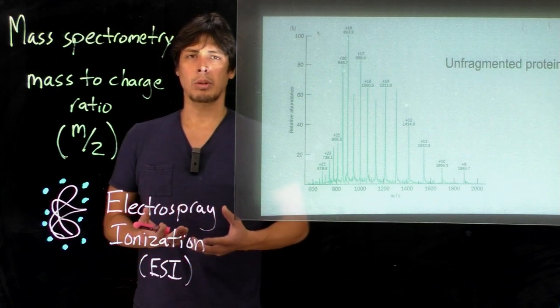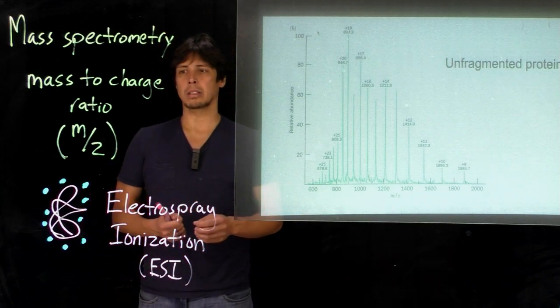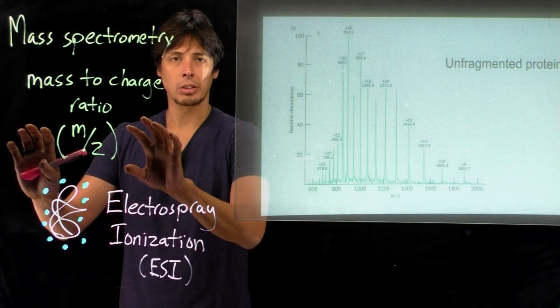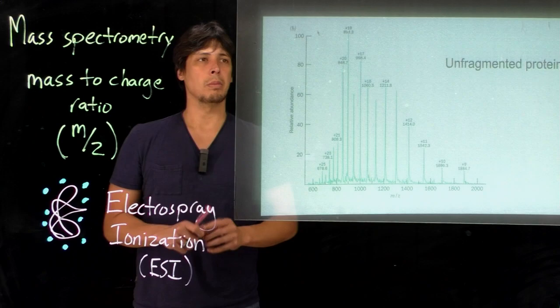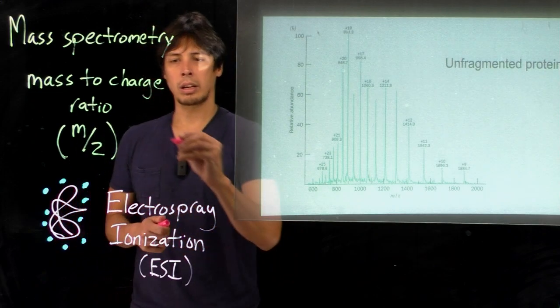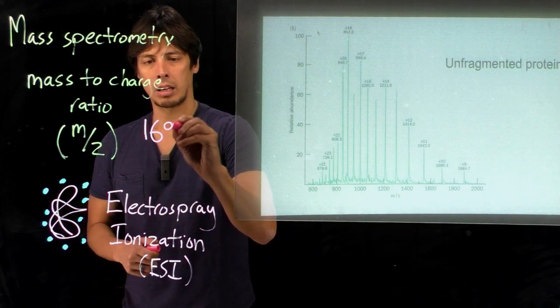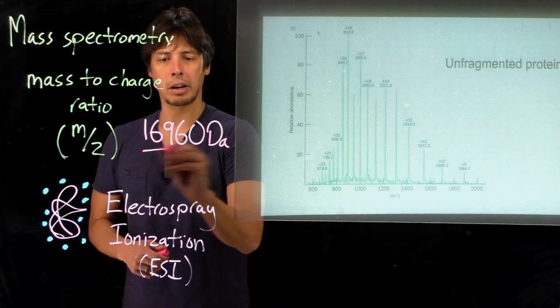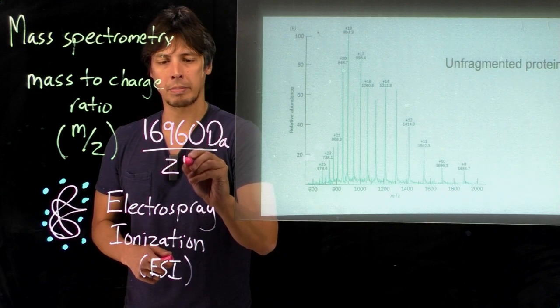These represent different charge states, because again, mass spectrometry separates by mass to charge ratio, so the charge is very important. The mass, which is 16,960 daltons, is divided by the charge for each of these peaks.